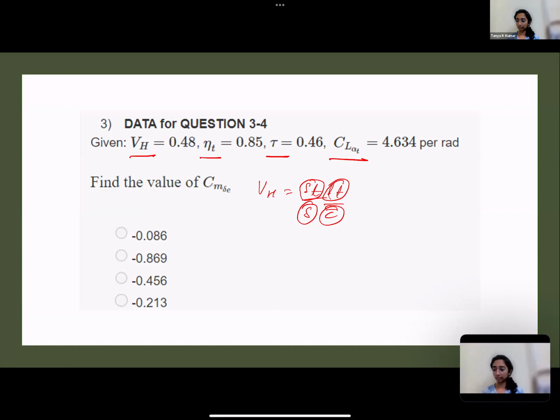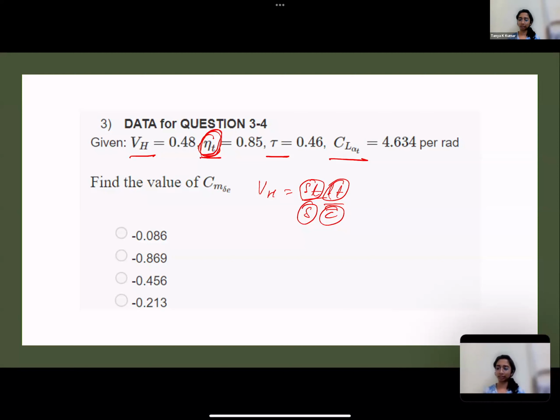Okay, eta T, eta tail, what is this? Eta is usually something to do with efficiency.